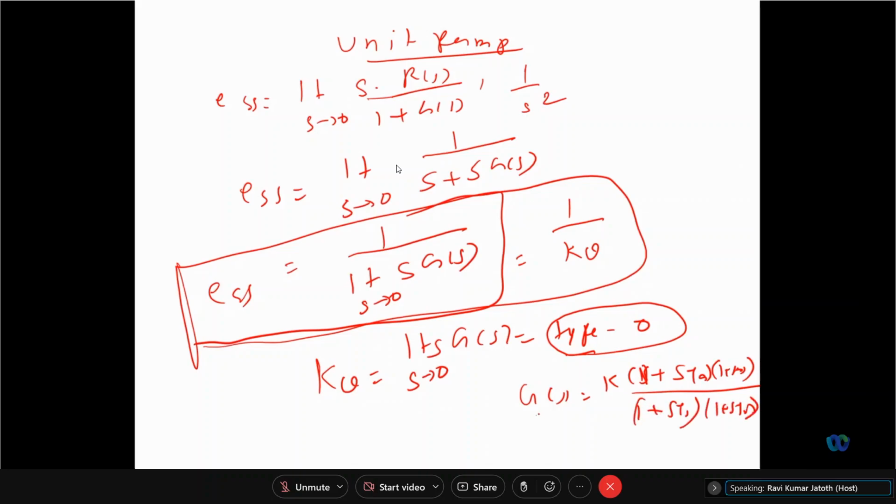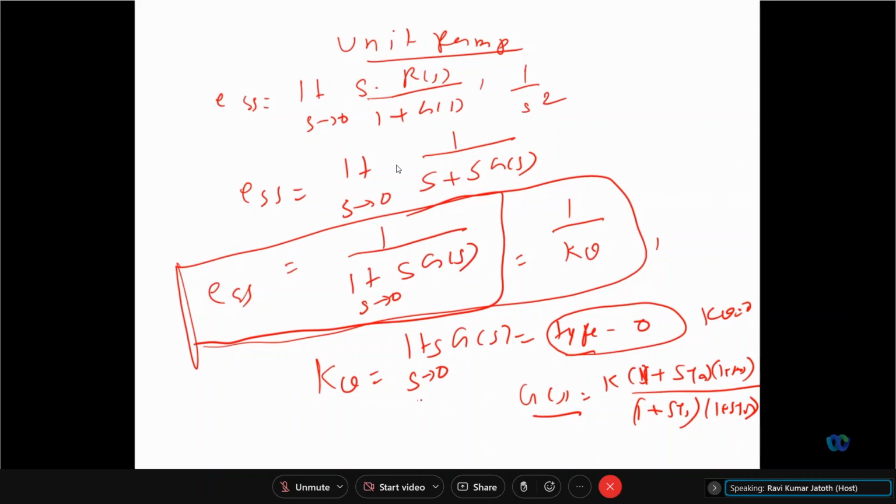If G of S has this, what is KV? 0, sir. So KV is 0. When KV is 0, what is the steady state error? Infinity. It means your output will not reach your input; there exists infinite error if it is a type 0 system.